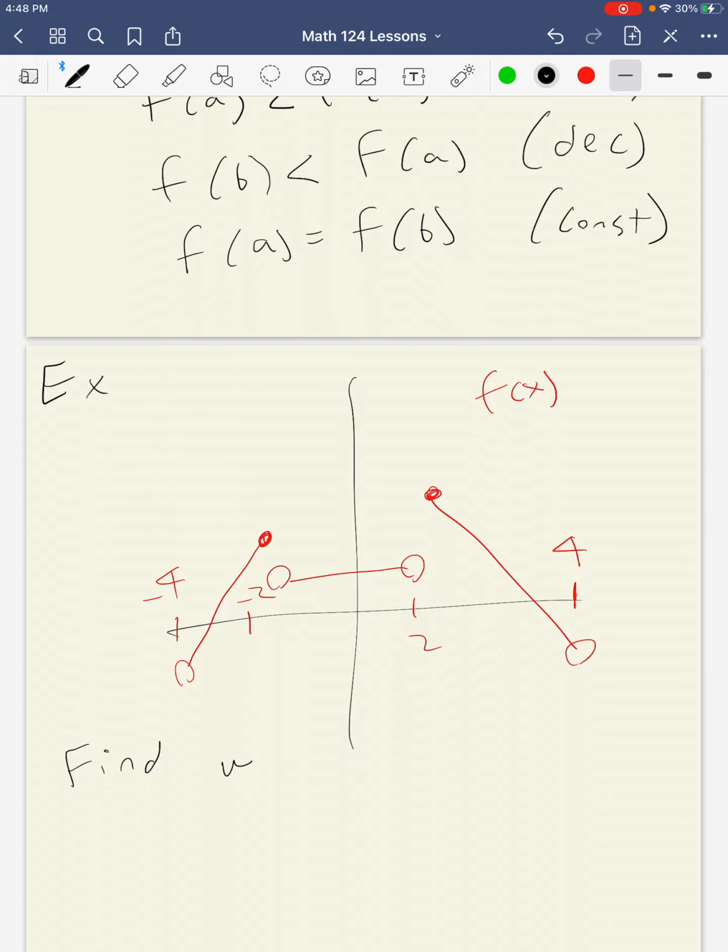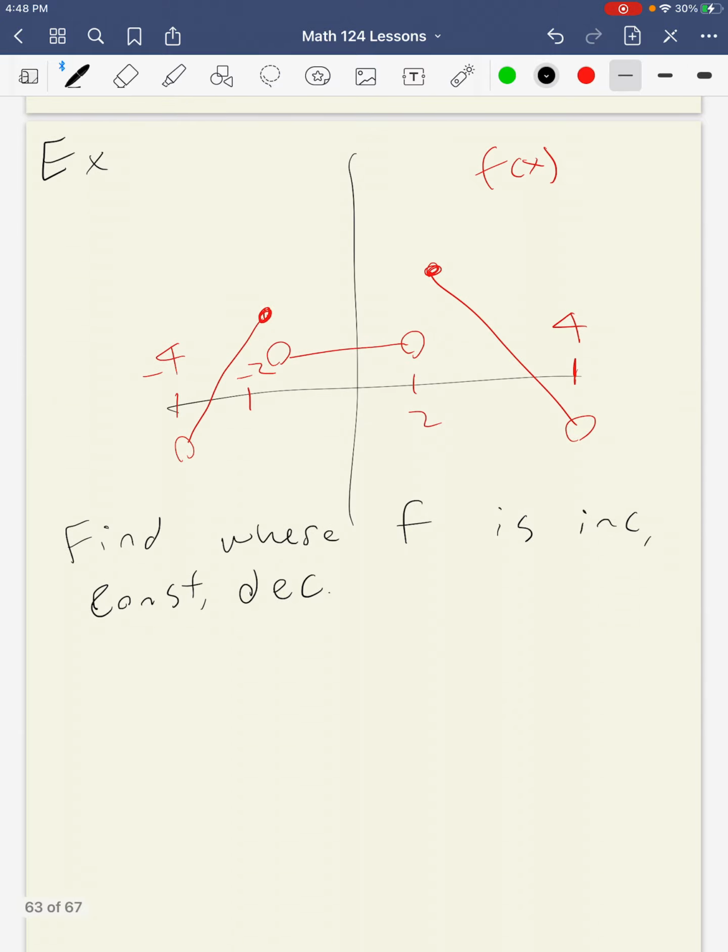Let's find the intervals where f is increasing, constant, and decreasing. Okay, well, let's start with increasing. This is when the function's increasing. So we need to talk about the location for which it's increasing, and we describe that by the x values.